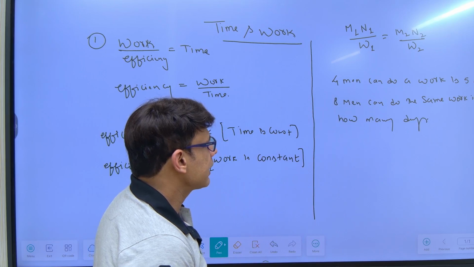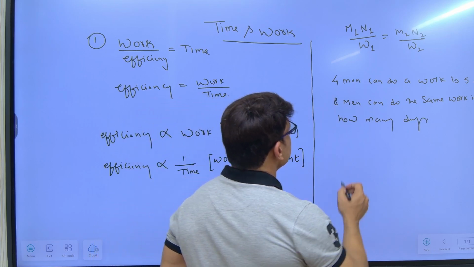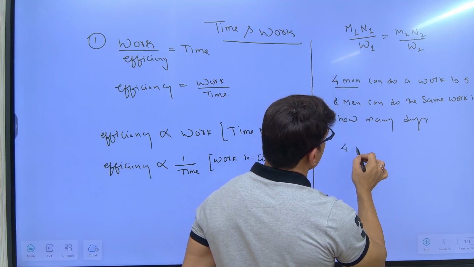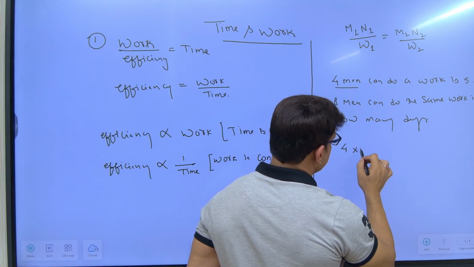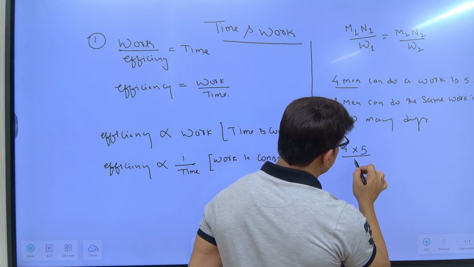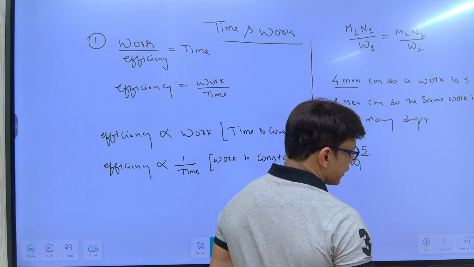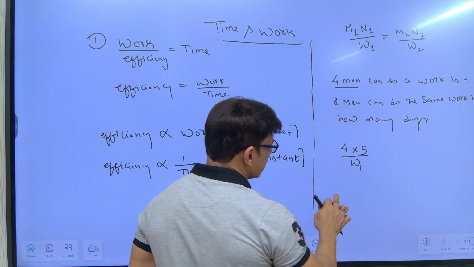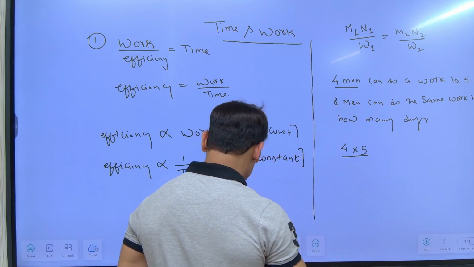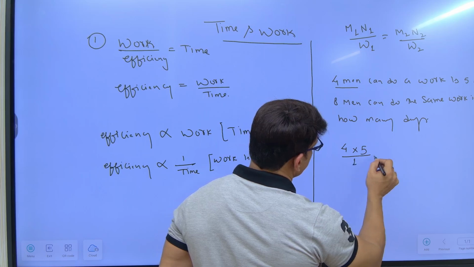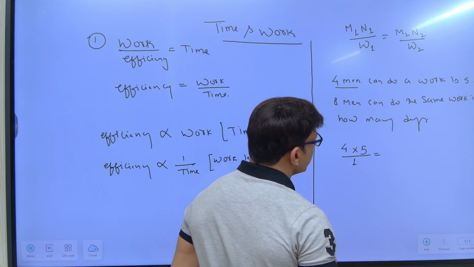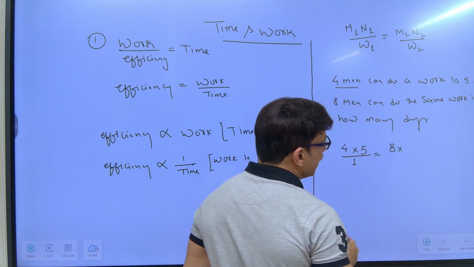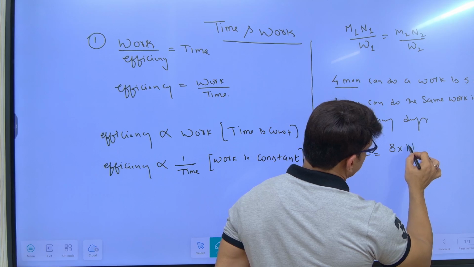In such cases, in the first case, you have 4 men, so in place of M1, you write 4. They are taking 5 days, and W1, let's say the work, is nothing but 1 unit, is equal to M2, which is 8, into N2. That's what we have to find out, how many days they take.